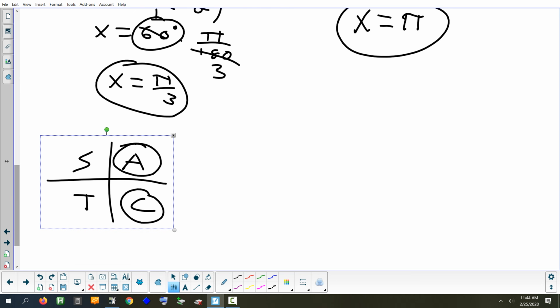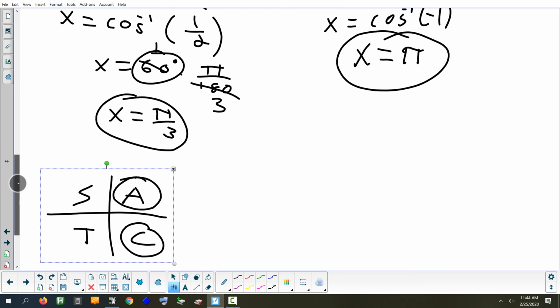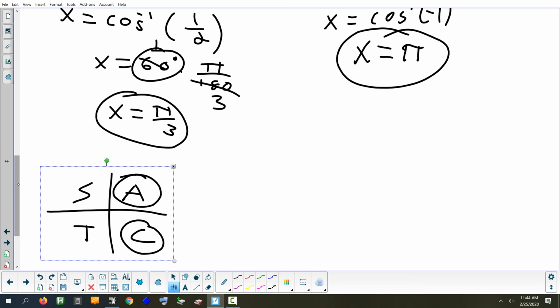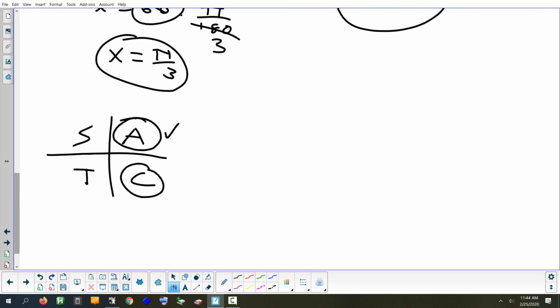We already have one of the answers. What did we get for the first answer? In degrees. So for this part over here, 60. That's there. So you have 60. What you need is to get an answer in quadrant 4.